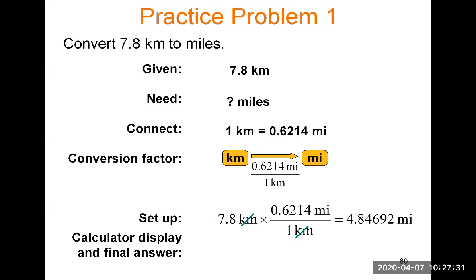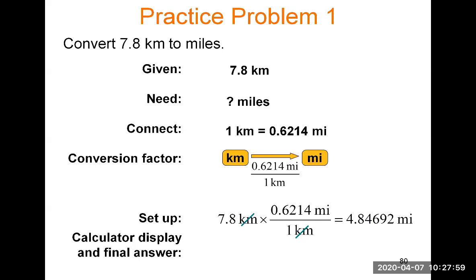The 0 is not significant, but then the 6, the 2, the 1, and the 4 are significant. Then the given amount has 2 sig figs, 7 and 8. So it's the limiting number of significant figures. Remember that when you are multiplying and dividing, the rule is to keep the least number of significant figures. So 7.8 is the least number of sig figs, 2 sig figs.